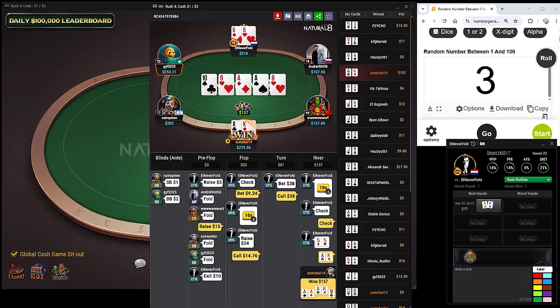That's extremely dangerous. Now, range-based play means that your actions are determined not by the immediate desires of your hands, but by the needs of your entire distribution of hands that you could have in that spot. The size you choose is going to serve multiple purposes simultaneously.